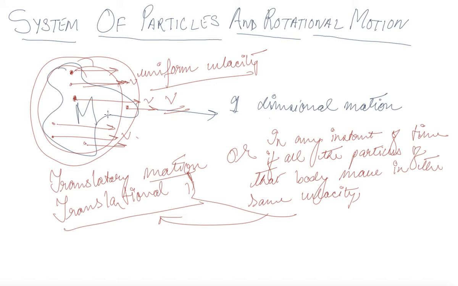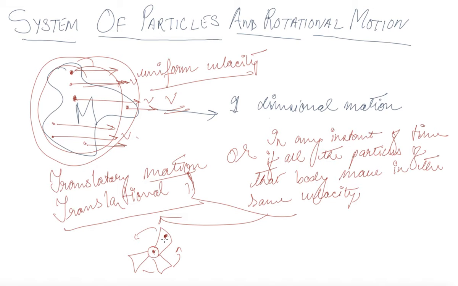Now I want to give you another example. Say suppose you have a fan. So this fan rotates. Now if you observe this particular particle and if you observe this particular particle, these two are moving with different velocities.